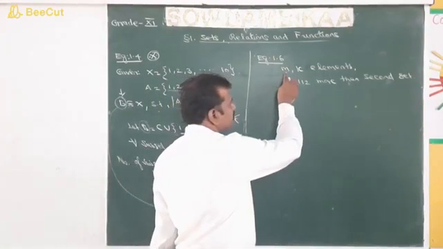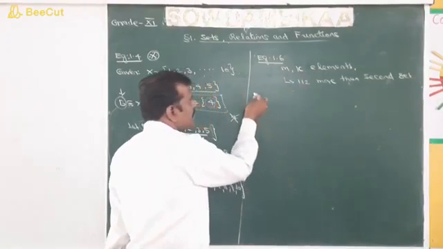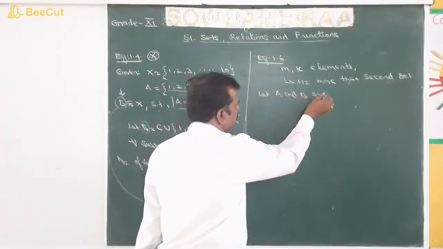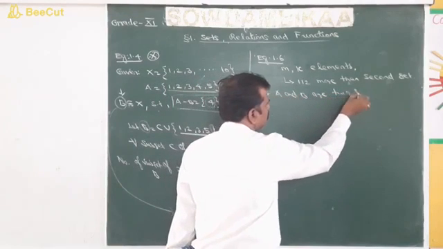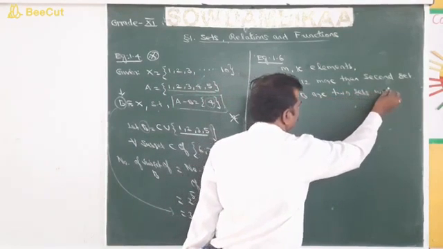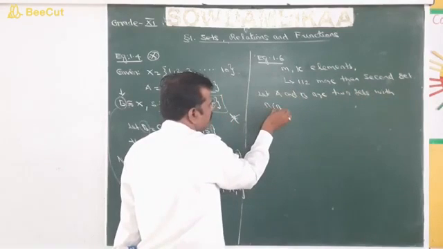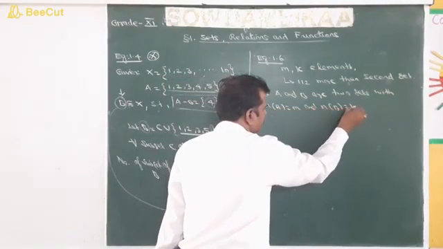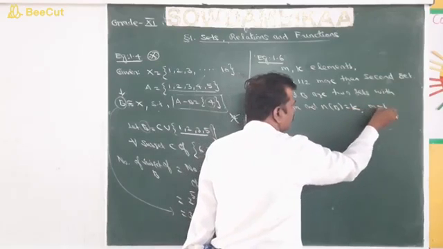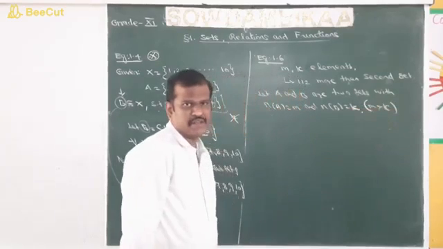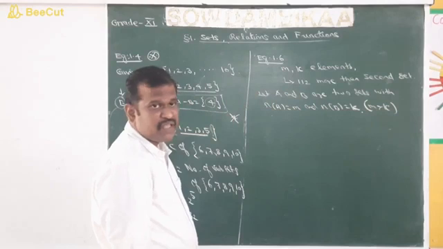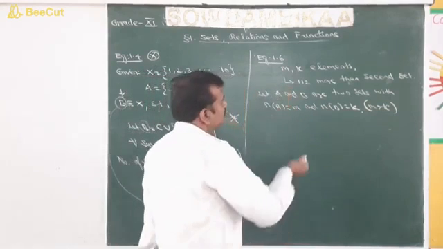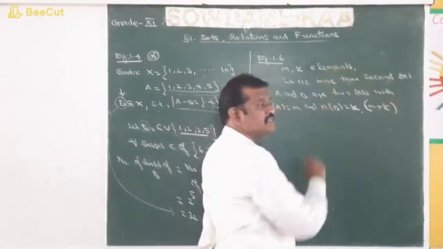The number of elements of the sets A and B is M and K. That is, let A and B be 2 sets with n of A equal to M and n of B equal to K, and the first set has more elements, that is M is greater than K. It is given that the first set has 112 more subsets than the second one.